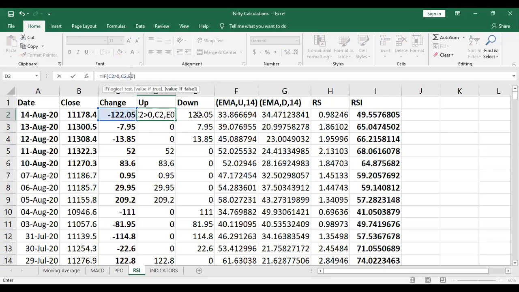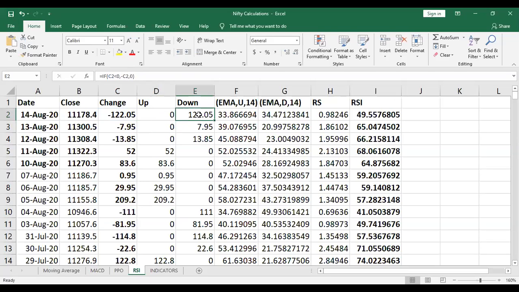When the change is less than zero, take the same number by converting it into positive; otherwise zero. In this column, all downward momentum is considered.